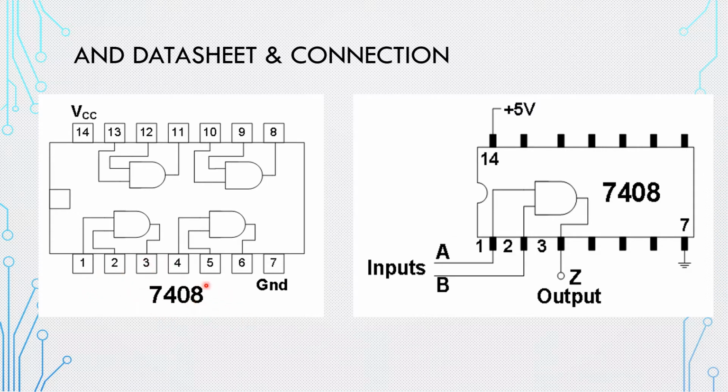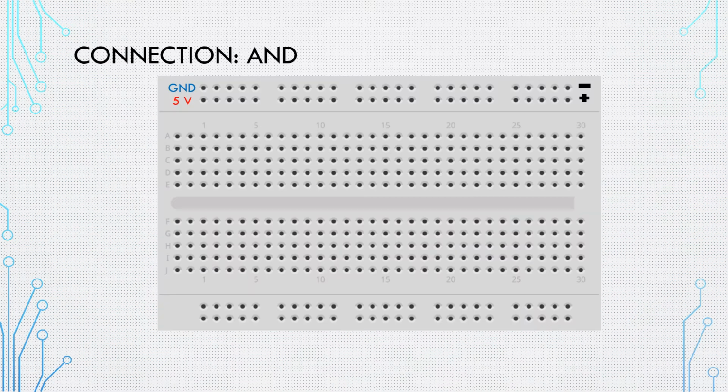And this is the number you're going to see outside the IC in order to say that this is AND. So whenever you see 7408, this should be AND. And this is how to connect it in practice. Let's try to do it on the breadboard to see how to do it in practice. So again, bring the breadboard and the IC, and place it in between.